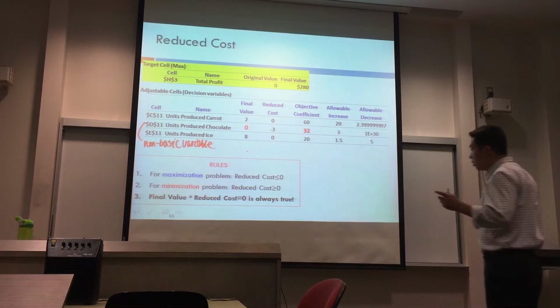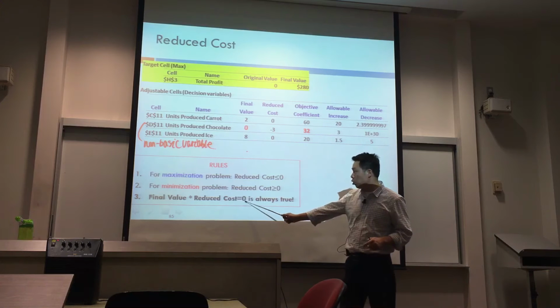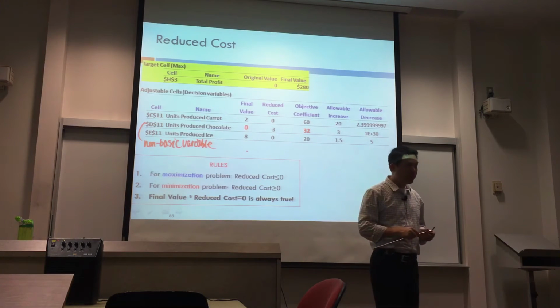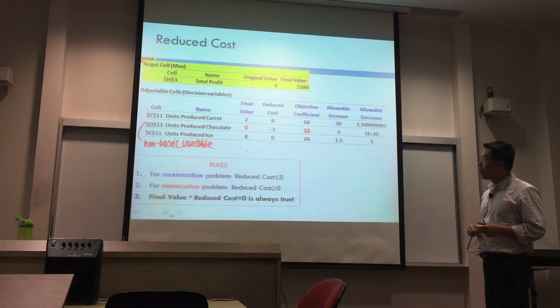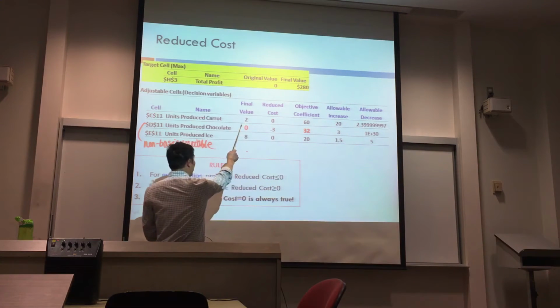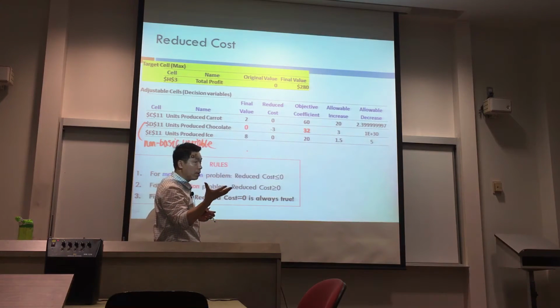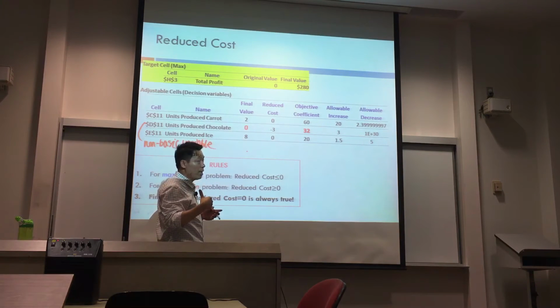Also, the final value times the reduced cost is always 0. It's always 0. Why? If the final value is non-zero, that means it's a basic variable, right? That means you're producing some units of it, right?